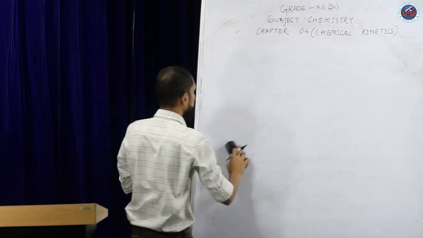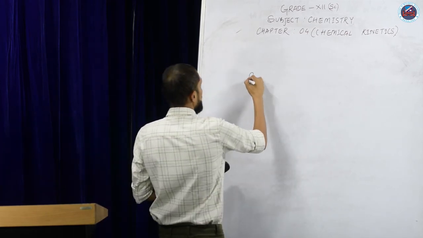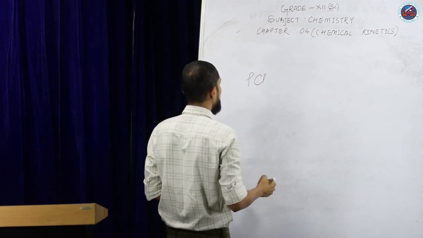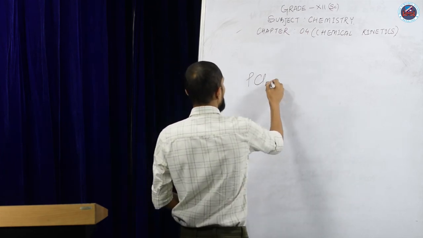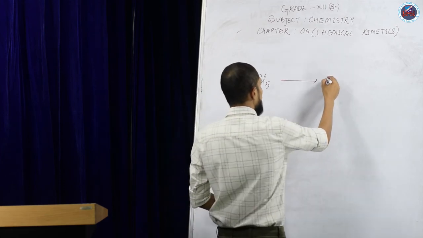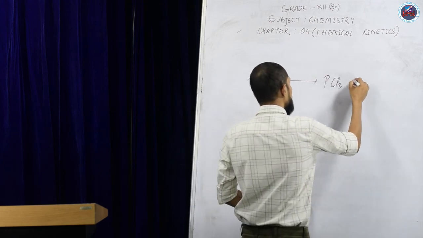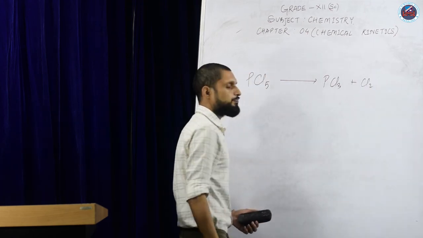Let us take one more example to understand order and molecularity. So PCl5, phosphorus pentachloride, decomposes to give phosphorus trichloride and chlorine gas.